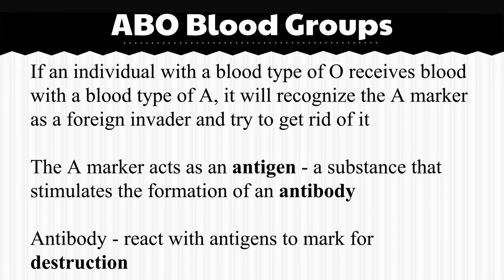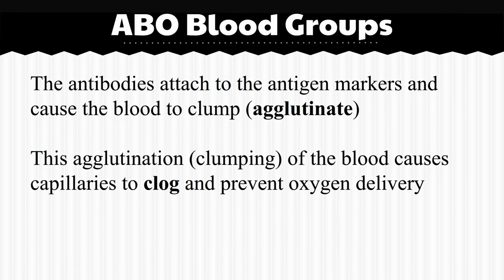The A marker acts as an antigen. An antigen is a substance that stimulates the formation of an antibody, and the antibody reacts with these antigens to mark them for destruction. So if someone with blood type O receives blood type A, it builds up antibodies and causes all of this blood to be destroyed.